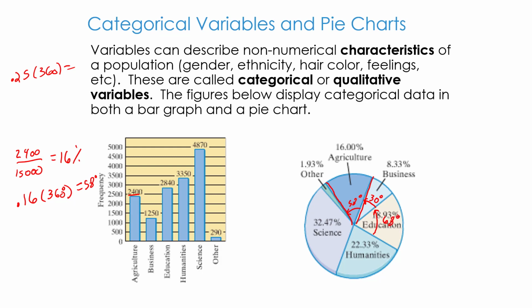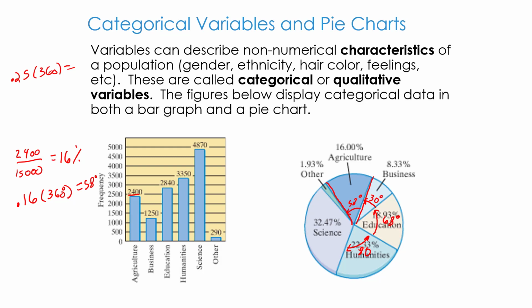For the humanities, 3,350 divided by 15,000 times the 360. You need an 80-degree wedge right here, a big humanities, so that wedge is bigger than the education.